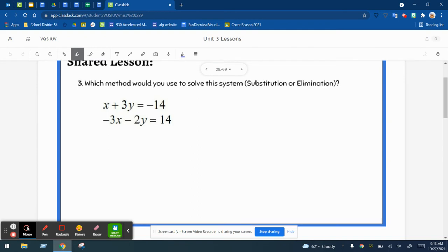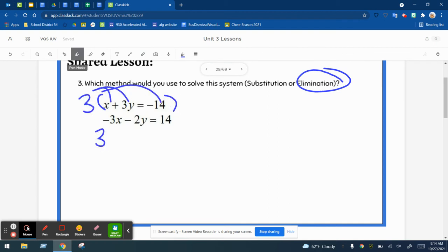Okay. Which method would you use to solve this system? I think, again, I would go here with elimination because I see that my x values are opposites. I've got one positive and one negative, and I think it's going to be easy to just multiply this top one by 3 so that I can cancel out my x's.